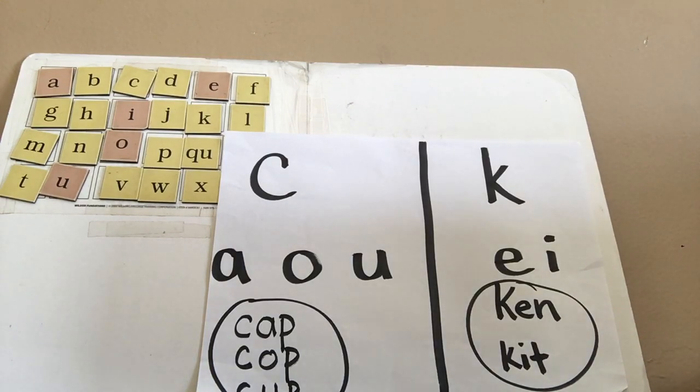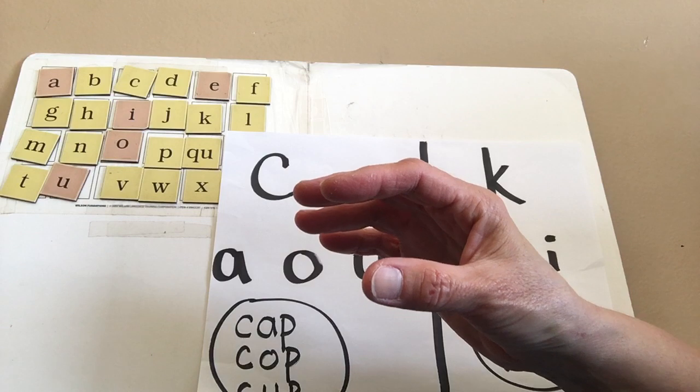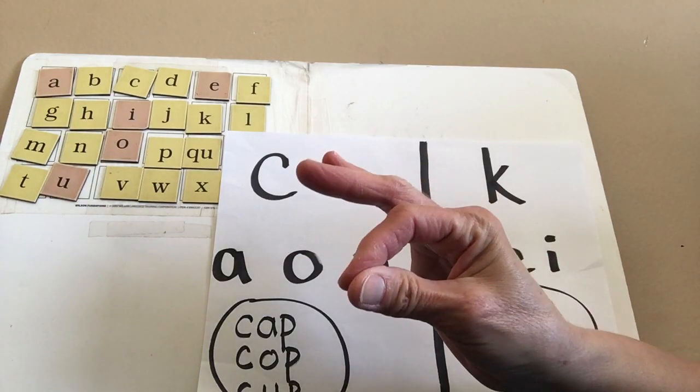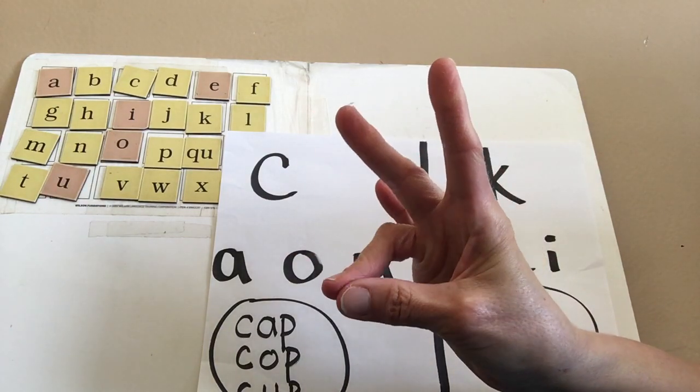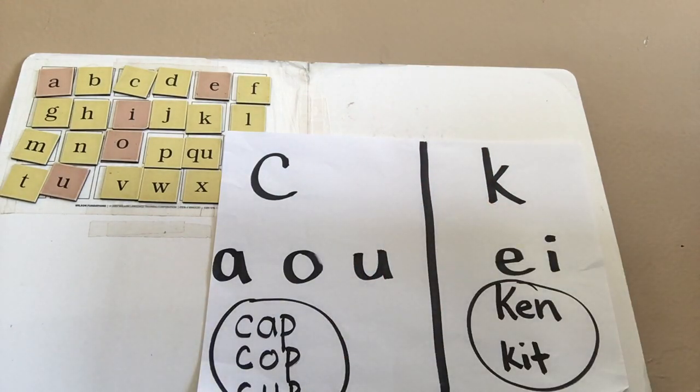Now we're actually going to practice writing some words. Yesterday I showed you a picture of cob, like corn on the cob. Let's tap out cob. Ready, go. K, o, b. Cob. The first sound we heard was k.